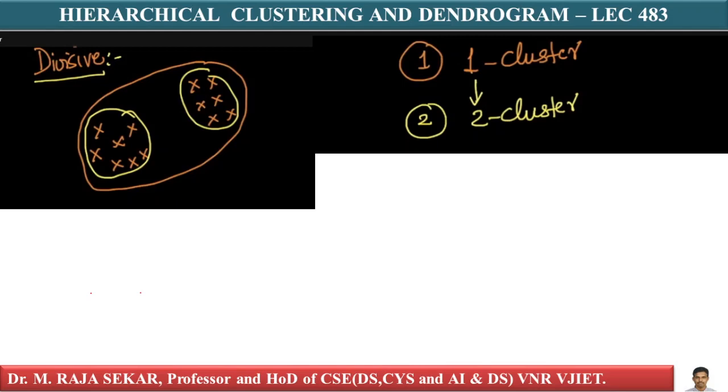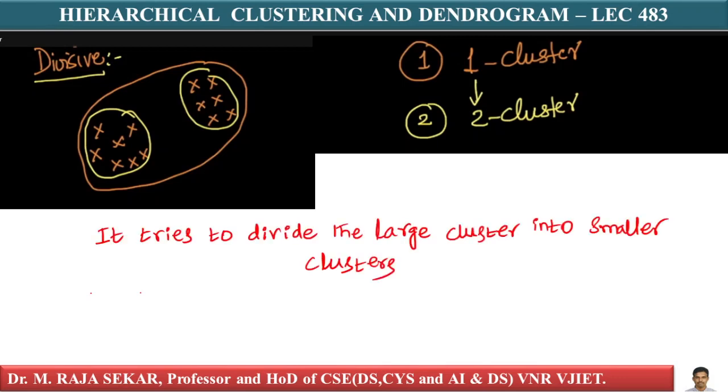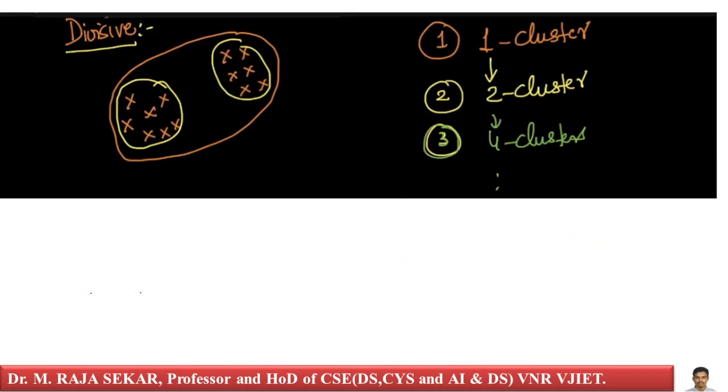In the third iteration, it will probably break this up into more clusters. It tries to divide the large clusters into smaller clusters. Initially, in the first iteration, it has one cluster. In the second iteration, it has two clusters. In the third iteration, we have three clusters. In the next iteration, it will probably break up into clusters like this.